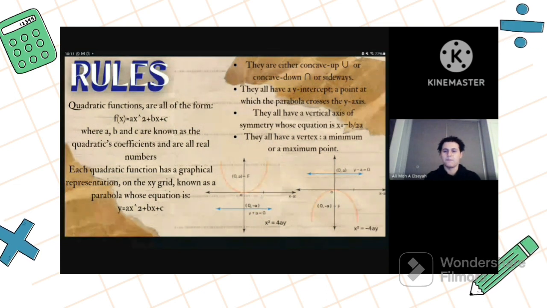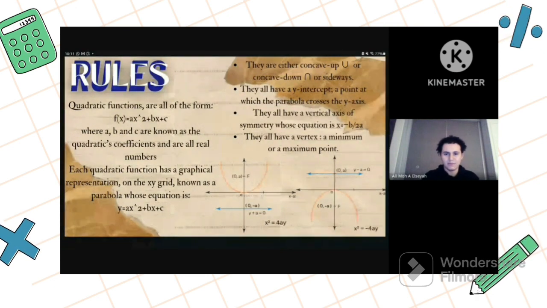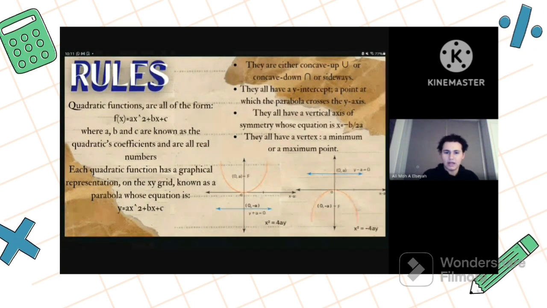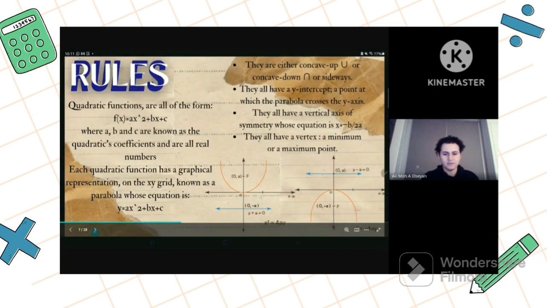They are either concave up or concave down. They all have a y-intercept, a point at which the parabola crosses the y-axis. They all have a vertical axis of symmetry, whose equation is x equals negative b over 2a. They all have a vertex, a minimum or a maximum point.